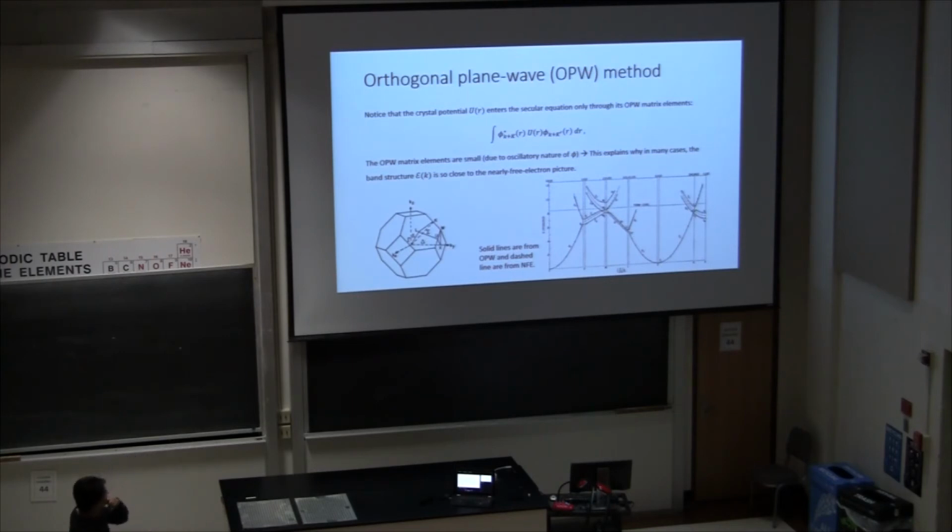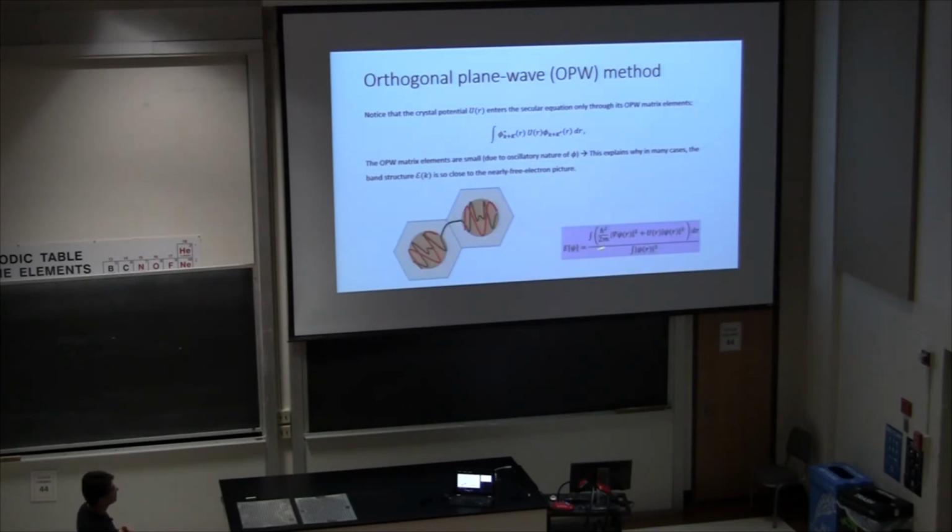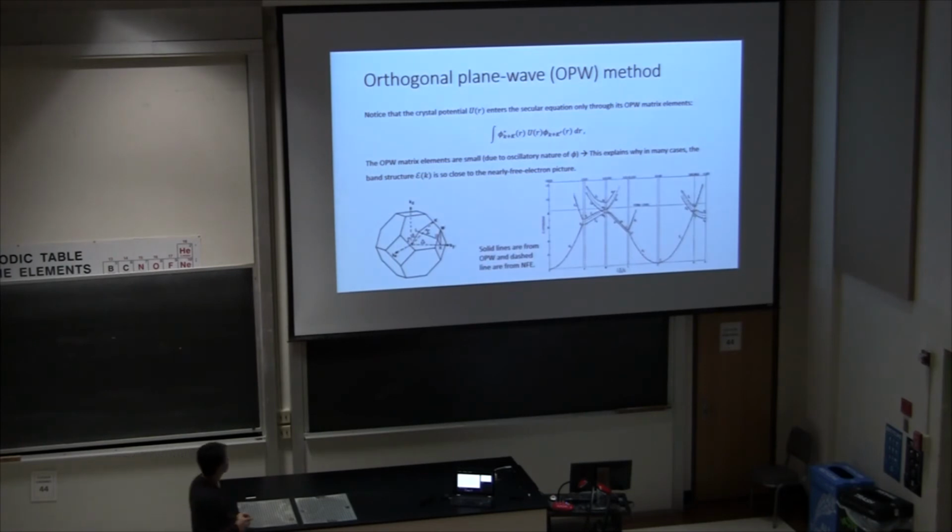All right. So even if you perfect the precision of band structure calculation, still the biggest contribution to this energy functional is from the first term, which is simply plane wave. Here I'm showing a band structure that's calculated with orthogonal plane waves for aluminum.